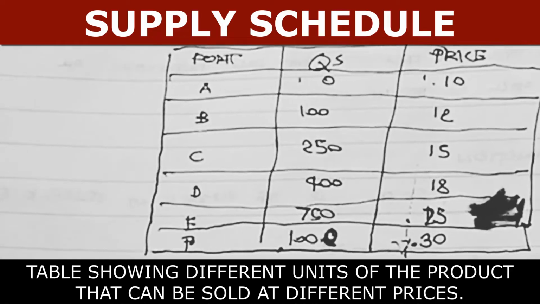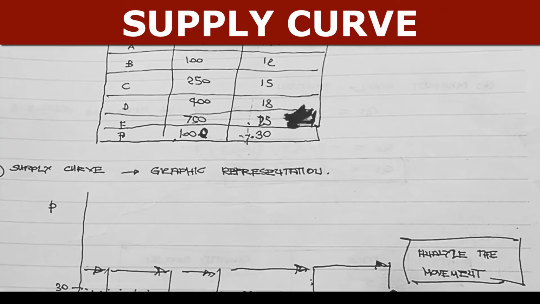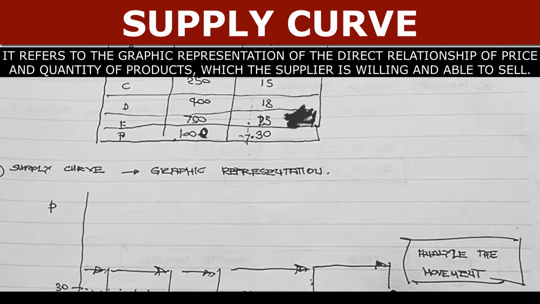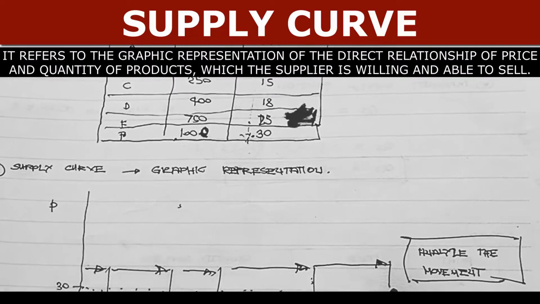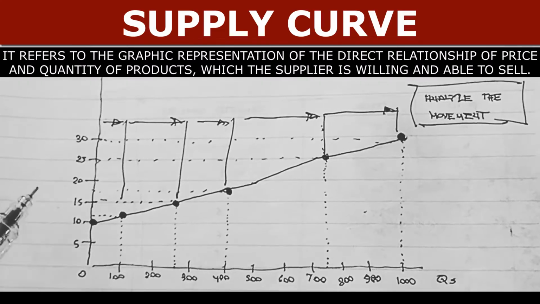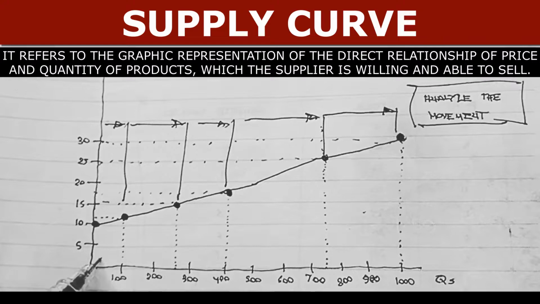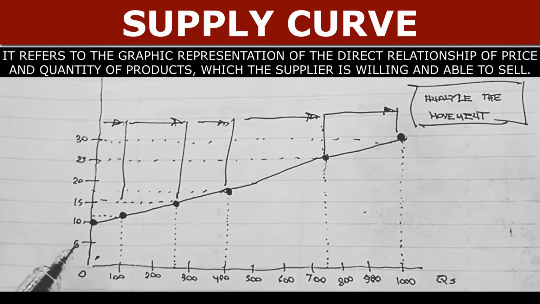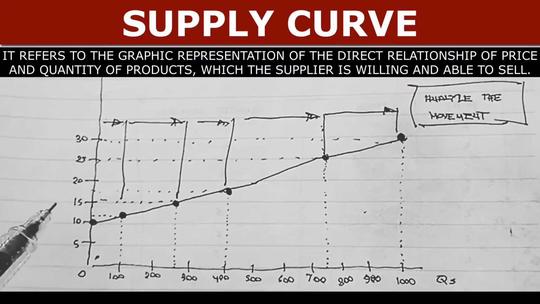Okay, so now, next is what they call the supply curve. The supply curve is a graphic representation. If the given data in the supply schedule is put into a graph, then we can form the supply curve.